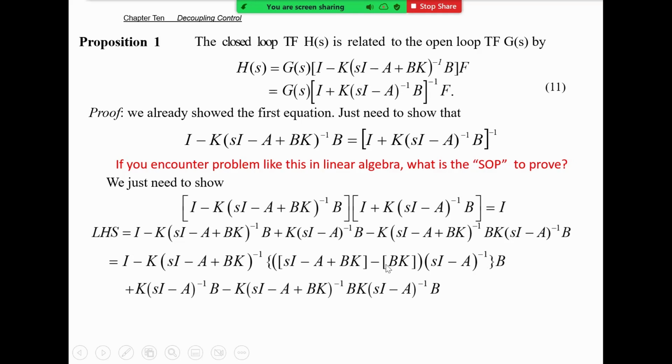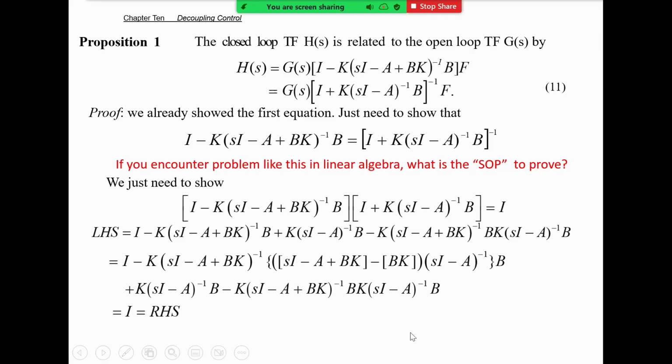Then the second matrix is the inverse of this matrix times BK times the inverse of sI minus A times B, which corresponds to the second matrix, and those two terms will be cancelled out. So we know those two terms cancel out, and therefore eventually we have this identity matrix.